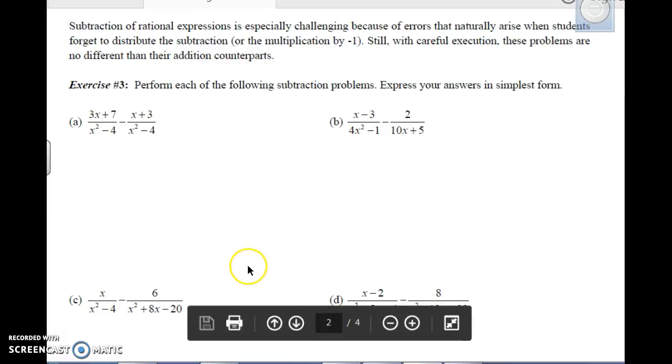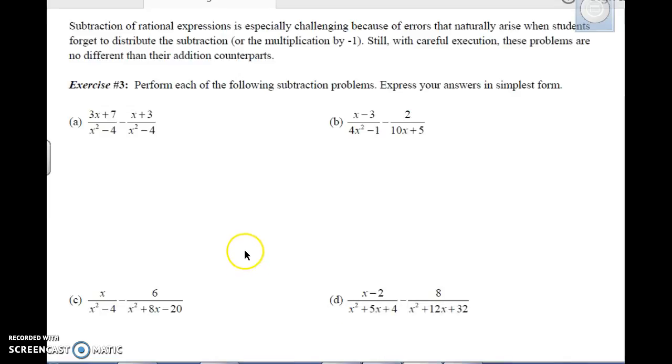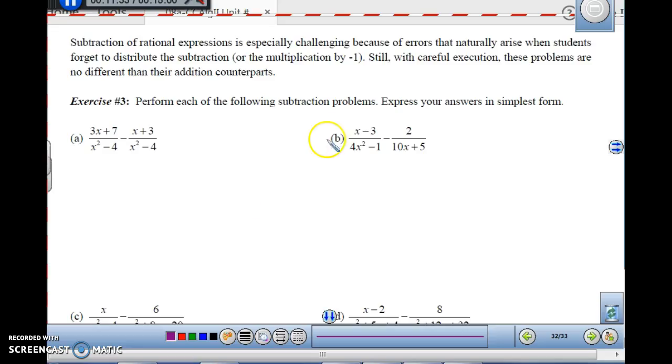Okay, subtraction is especially hard for working these out because people forget to subtract the entire polynomial. When you're working these out, it's very important to make sure that your minus carries through the entire polynomial. Now, let's take a look at letter A here. We have common denominators, so we know it's going to be x squared minus 4. So, your common denominator of x squared minus 4, down here, this 3x plus 7 is already over x squared minus 4.